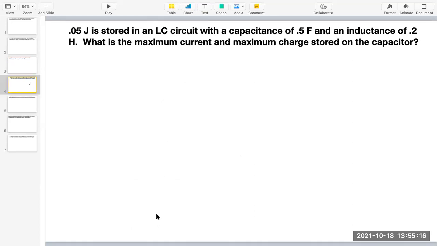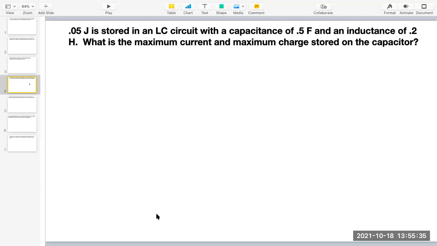So let's look at an energy problem with an LC circuit. There is 0.05 joules in this LC circuit. Some of it can be in the inductor, some of it can be in the capacitor, and how they share it changes over time.